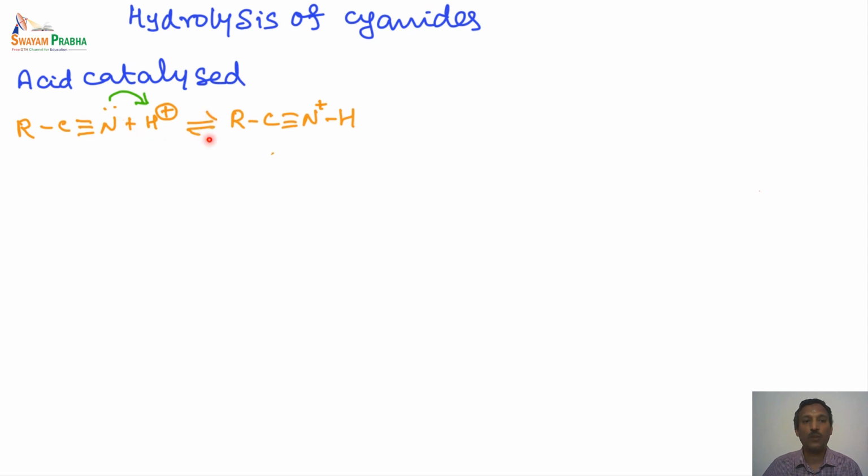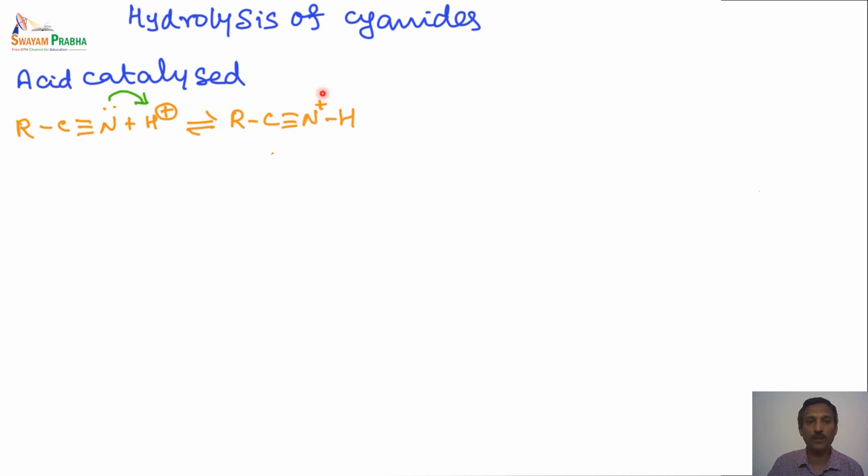So this is an equilibrium reaction. In this particular case, now the nitrogen becomes positively charged. We already know nitrogen is comparatively more electronegative than carbon. So the plus charge cannot remain on the nitrogen for a longer time. This intermediate is quite unstable because there is a positive charge on an electronegative nitrogen, so this cannot exist for longer.